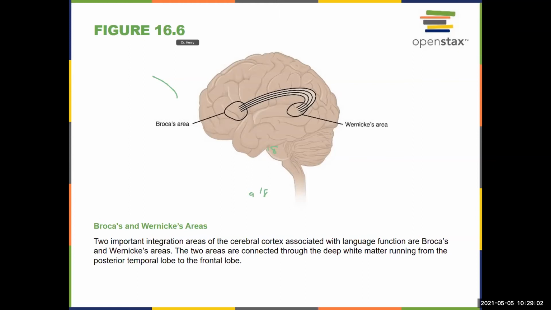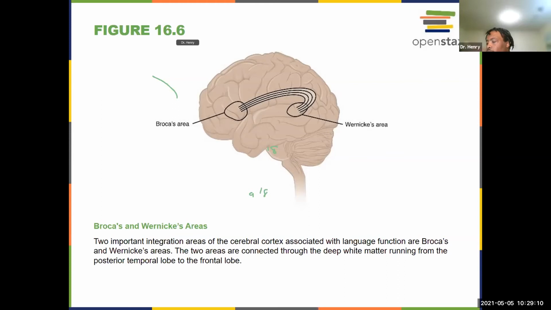It's only going to affect one area, or it could affect two areas at the same time. Typically when it affects two areas, because these are connected through this region here, so when it's affecting both areas where they can't speak and they can't understand speech, then it probably means that something is happening somewhere along the conduction route, because this is where those pulses are being translated.